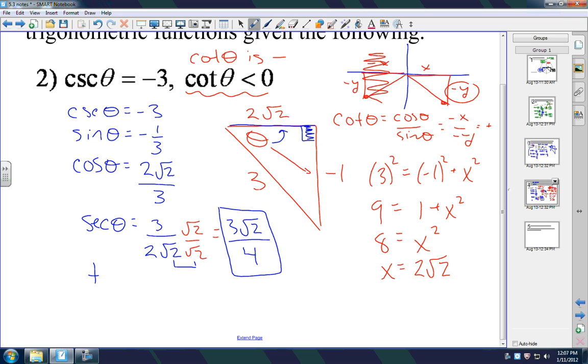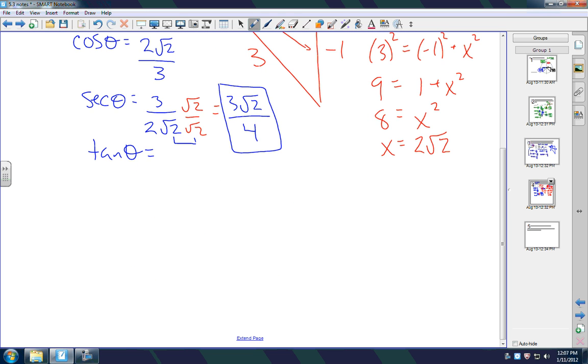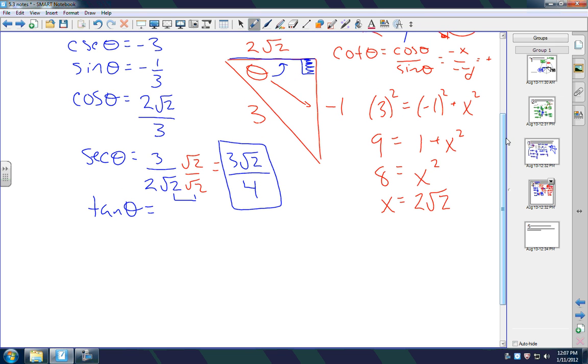Now we need the tangents. So tangent, I could put sine over cosine. So I could take this guy over this guy, but I'm going to go to the triangle. It just works better for me. So go to your triangle.